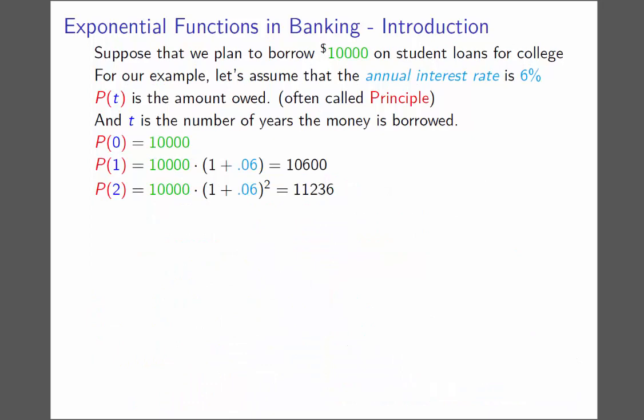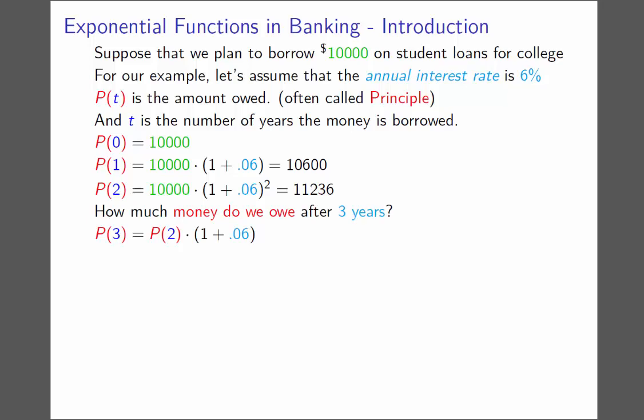So we have found so far that the original amount we owed, P of 0, was 10,000. The amount we owed after 1 year was 10,000 times (1 plus 0.06), which is 10,600. And the amount we owed after 2 years, P of 2, is 10,000 times (1 plus 0.06) squared, which comes to 11,236. Now, how much do we owe after 3 years?